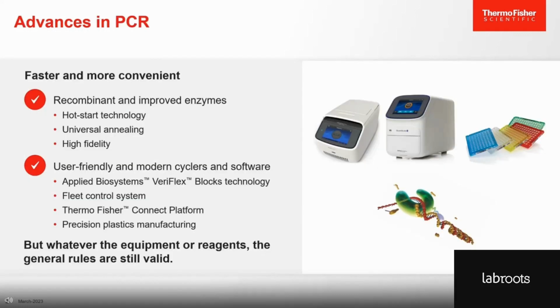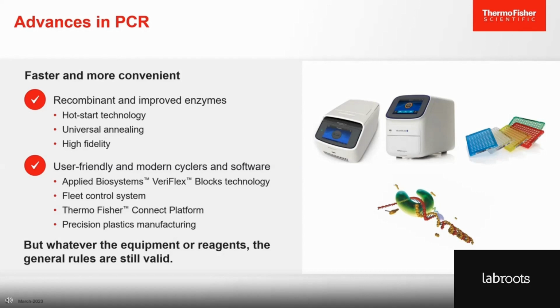Have you ever wondered how scientists are able to amplify specific segments of DNA millions of times over? The answer lies in the polymerase chain reaction, or PCR, a technique that has revolutionized molecular biology since its invention in 1983. But PCR has come a long way since its early days. Back then, it was a laborious and time-consuming process that required vast amounts of space and materials.